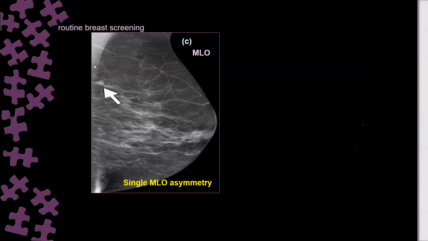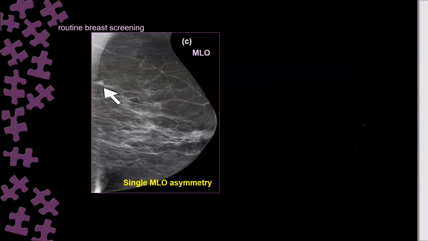That means what I have seen here is seen only on MLO. So what is next? What is the next step in the management? If you have seen a case like this, how are you going to manage it?